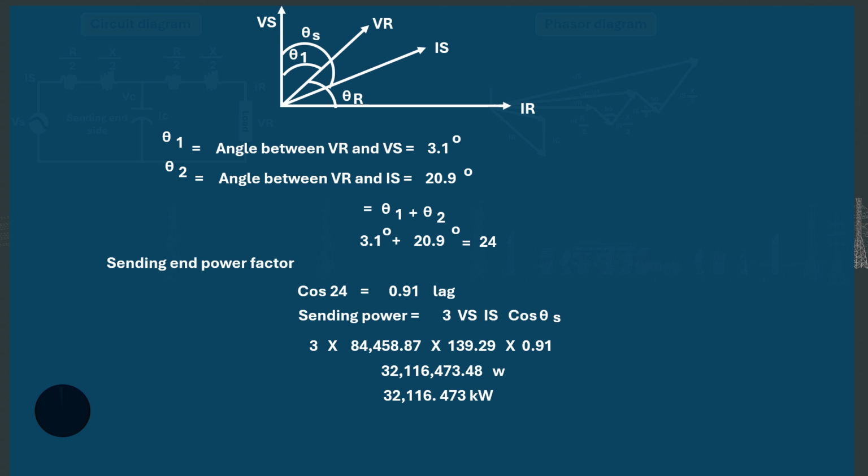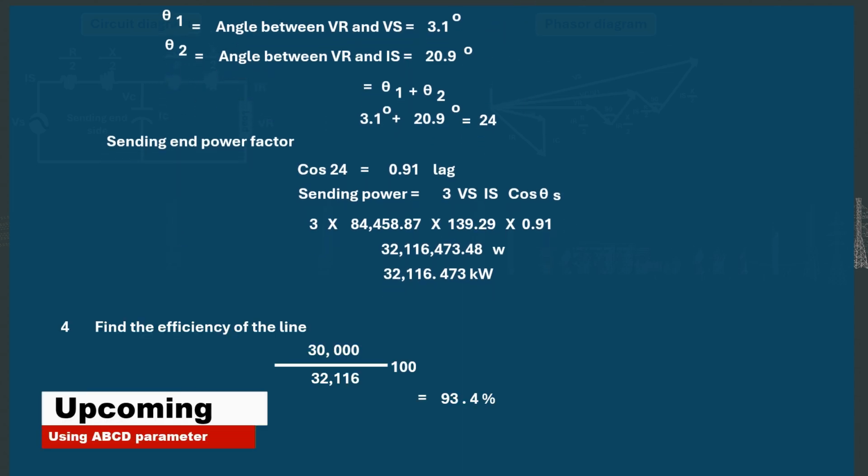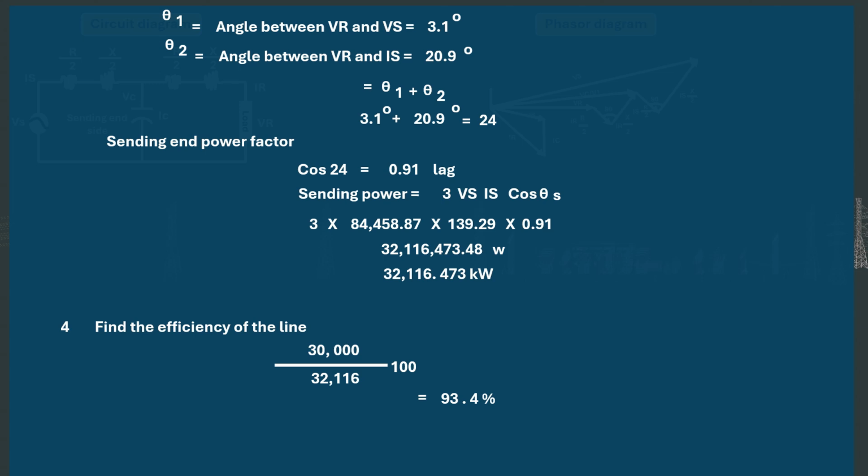This will equal 32,116.473 kilowatts. Now, in order to calculate the efficiency of the line, we can say 30,000 kilowatts all over 32,116.473 kilowatts multiplied by 100. The resultant of these will equal 93.4%.